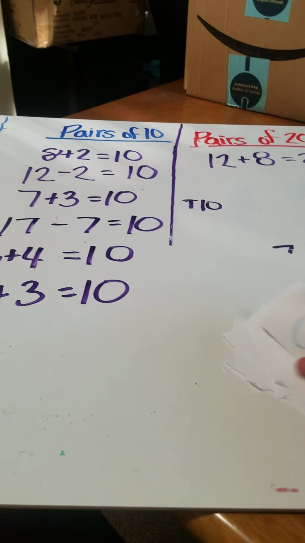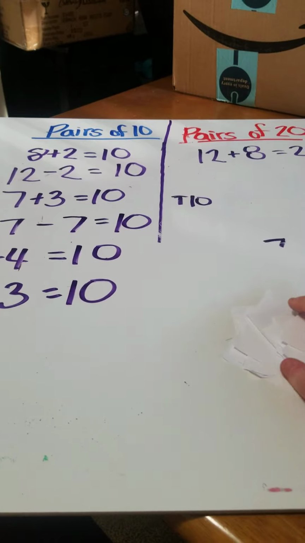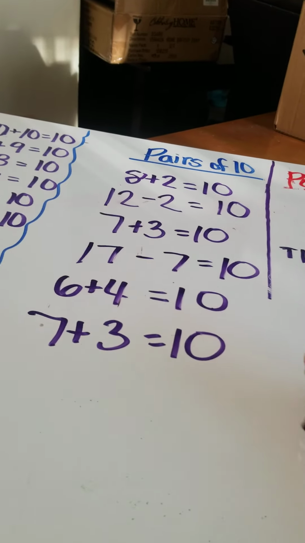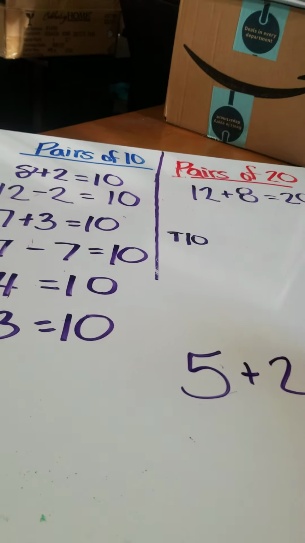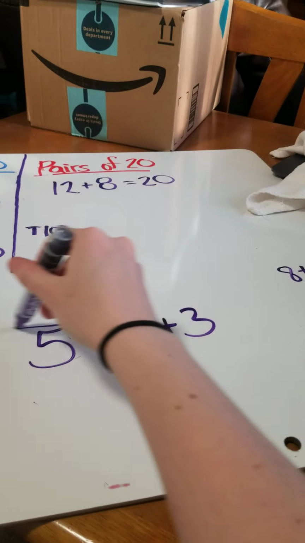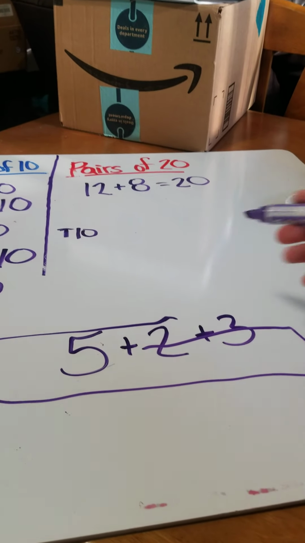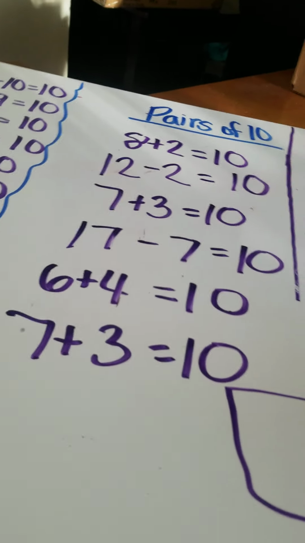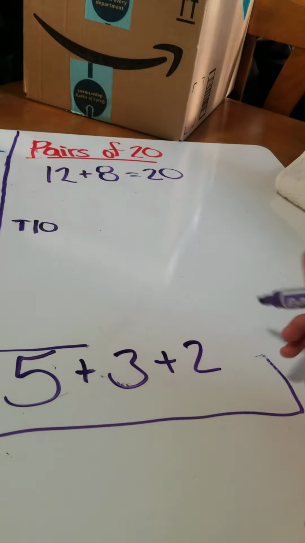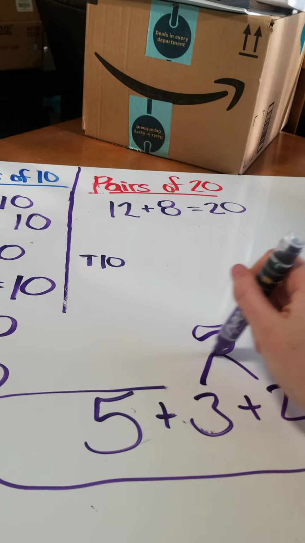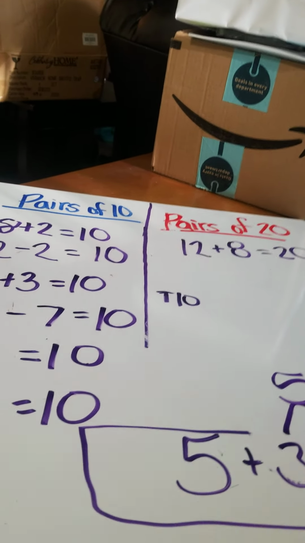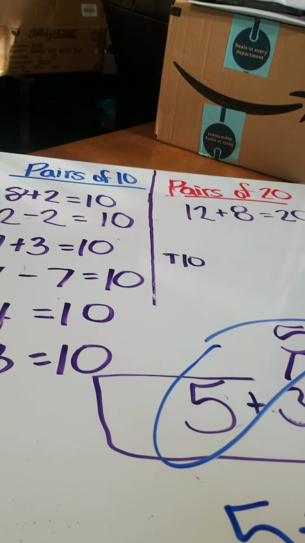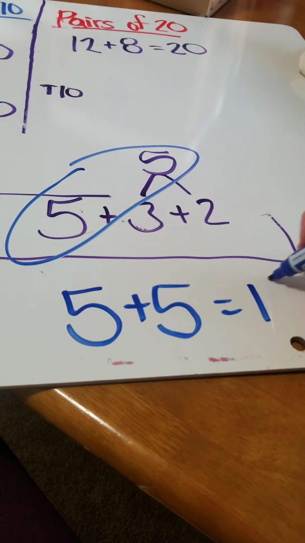Remember, you're doing pairs, so 2 numbers, but if you did see 3 numbers and you wanted to challenge yourself, for example, if you saw a 5, a 2, and a 3, I could take all these numbers and know that 3 plus 2 equals 5. So now my new problem is 5 plus 5, which equals 10.